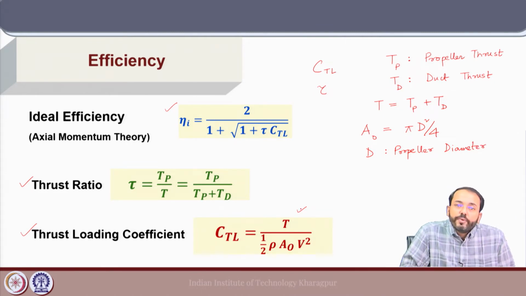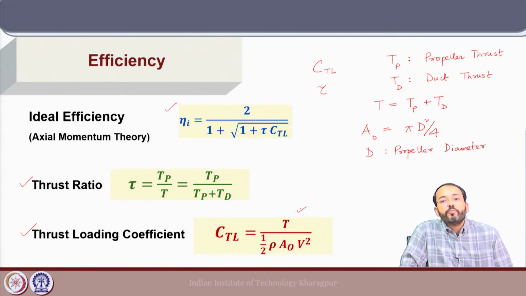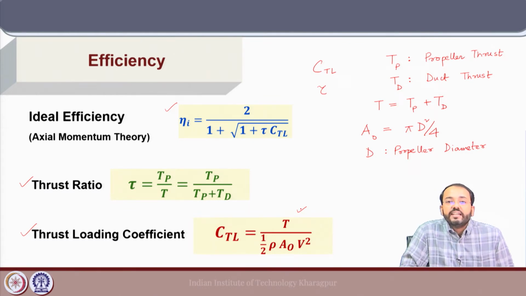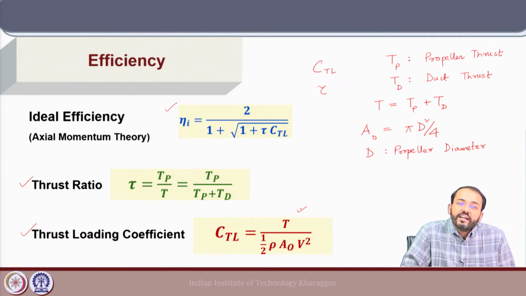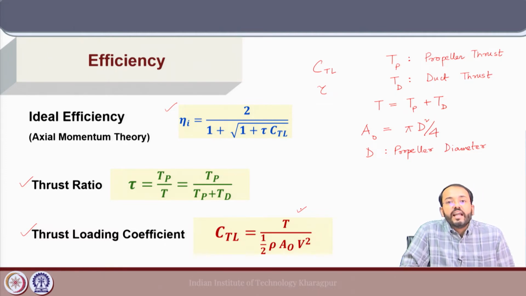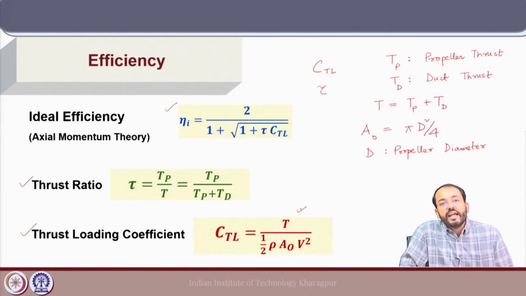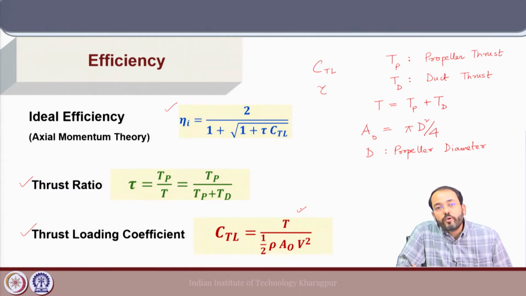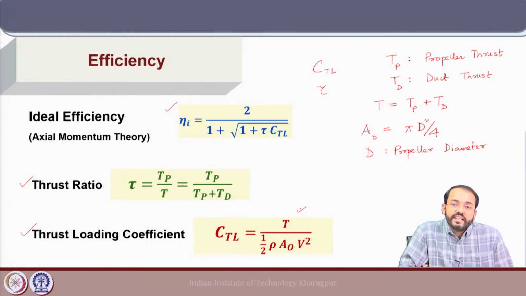It is important to mention here that in the axial momentum theory, ideal flow is assumed, and that is why the drag is neglected. Now, we can consider the drag force of the duct, and that can be used to modify the efficiency from the ideal value to a more appropriate value by considering the drag, and still we are not considering the blade as such.